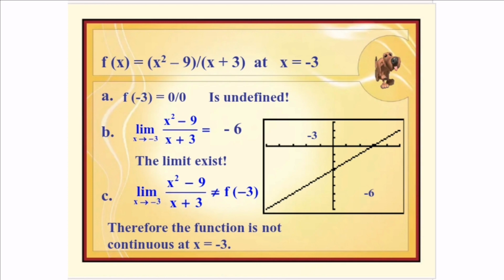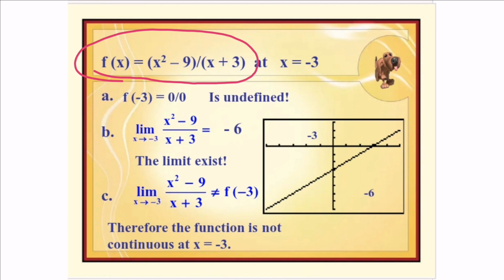Now another example, given that f of x is equal to x square minus 9 divided by x plus 3. This function is a rational function, because a rational function is the division form of polynomials.